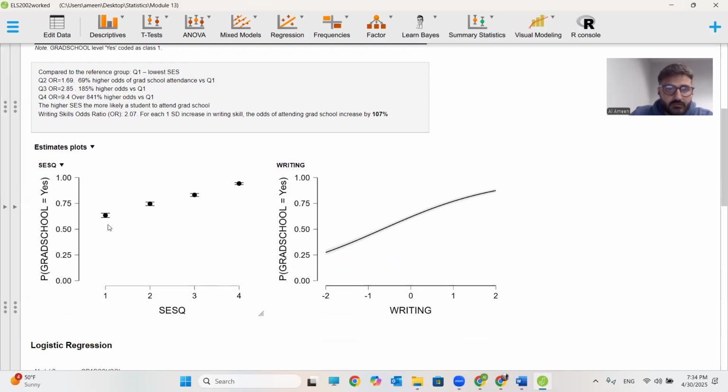You are more likely to attend grad school if you fall in a higher SES quartile. People in the 4th quartile have values very, very close to 1. Same with writing skills. We start with a mean of 0, which translates to approximately 0.65. And then with each 1 standard deviation increase in your writing skills, you are 107% more likely to attend grad school.